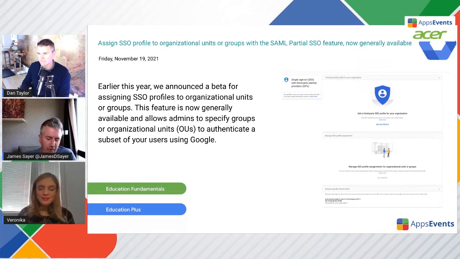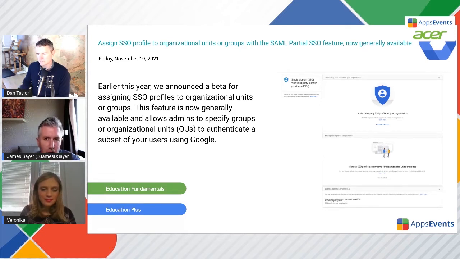The first of which revolves around SSO. If you wanted to enable SSO for your organization, you actually have to enable it for a single provider for the entire domain. That is changing slightly in that you can now enable SSO just for individual OUs.